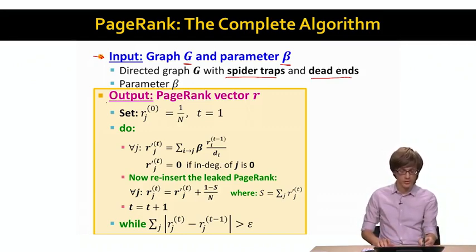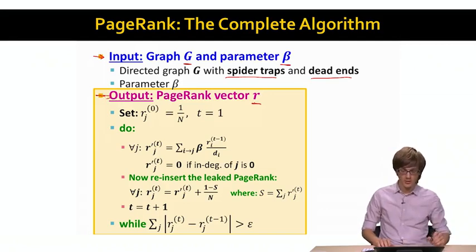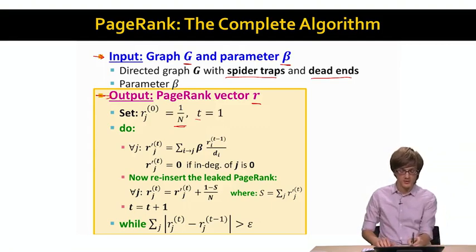The output of our algorithm is a PageRank vector R. At the beginning, we set all the PageRank scores to be 1 over n, to be equal, and we set time equals 1.